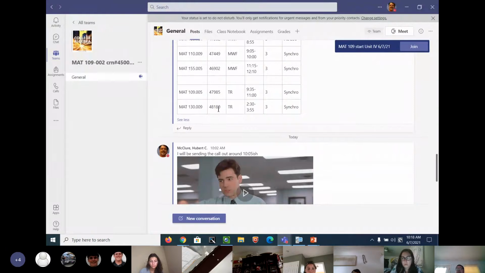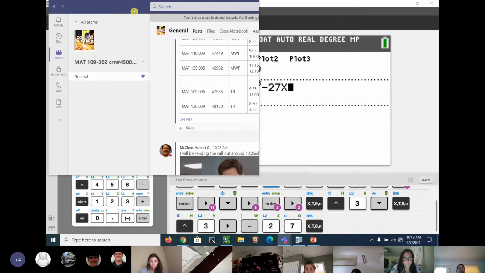The reason I brought that up is because being able to ascertain these lines is used in calculus a good bit, and that's what made me think of it. So 48, 180. And a lot of people say, well, I'm not going to take Hubert again. I'm going to take somebody else. Go ahead. Hopefully I won't see you in a couple of semesters.